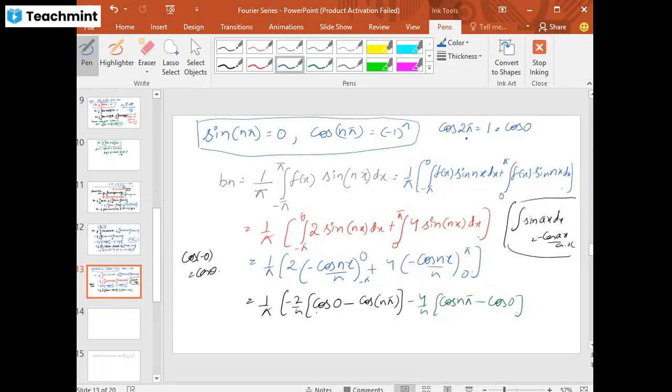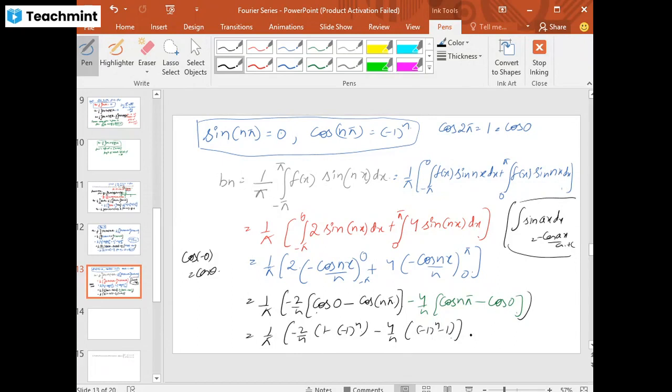So cos 0 and cos 2 pi is 1, its value is 1 only. So if we substitute these limits here, we get 1 upon pi, minus 2 upon n, 1 minus (minus 1) raised to power n, this is the value of cos n pi, and minus 4 upon n, again this is (minus 1) raised to power n minus 1.